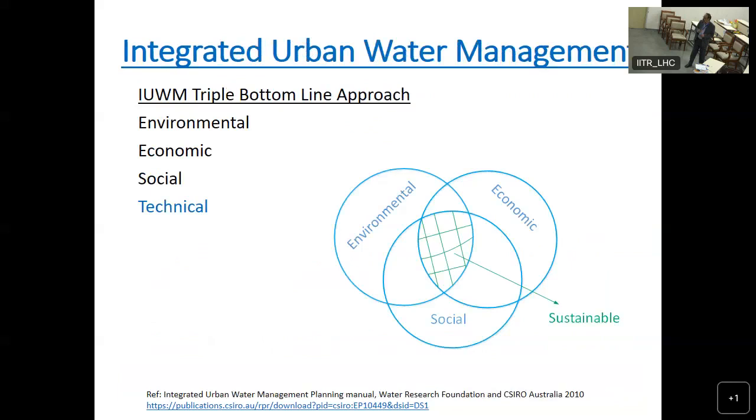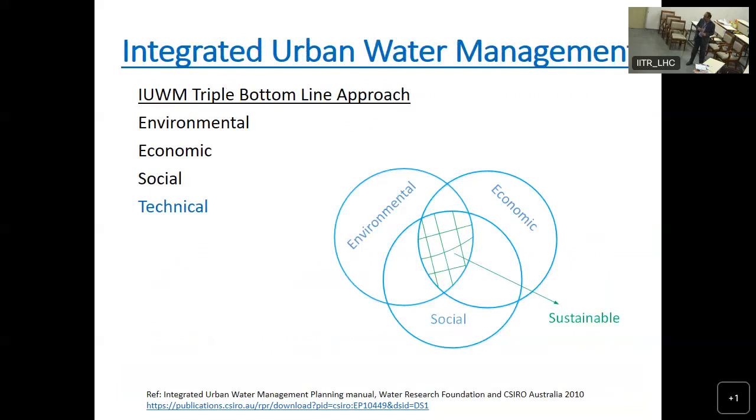When we talk about integrated water management, what we're looking at is the area which is sustainable. And that sustainable area is basically the area which is overlapping in the environmental, economic, and social aspects.